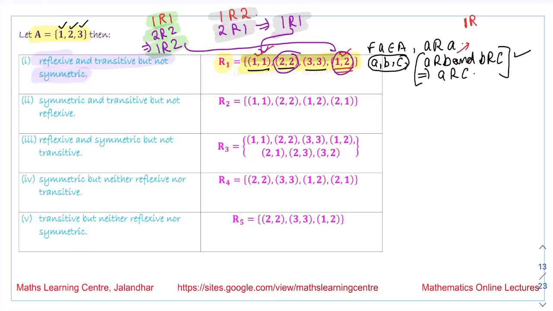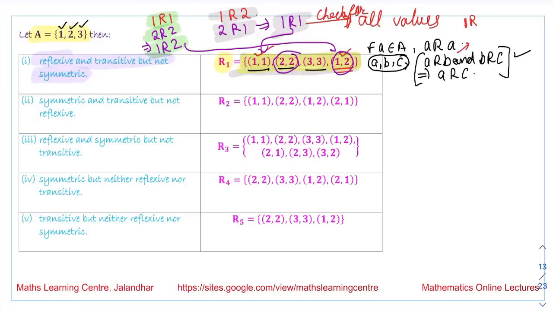Similarly, we have to check for every pair over here that this condition holds. Then we say that this relation is transitive. We are not saying that if it holds for 2, then it will hold for all others. We have to check for all values.